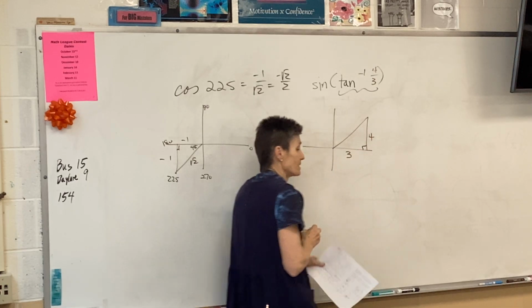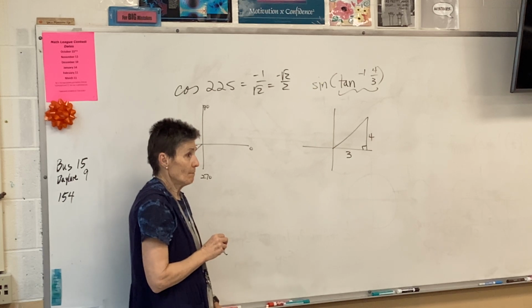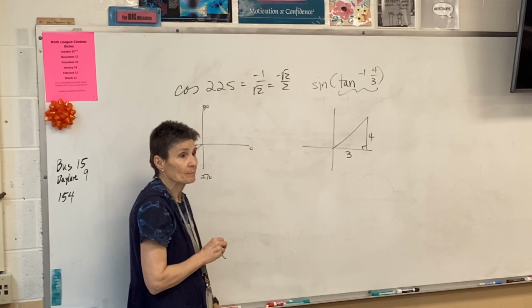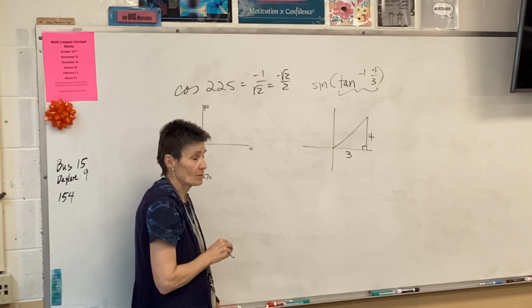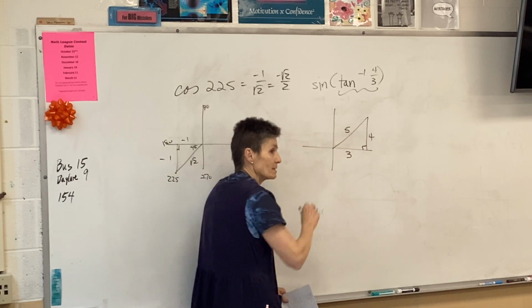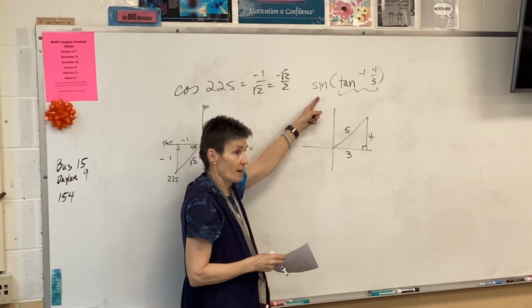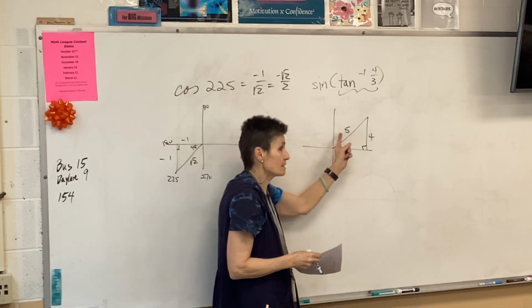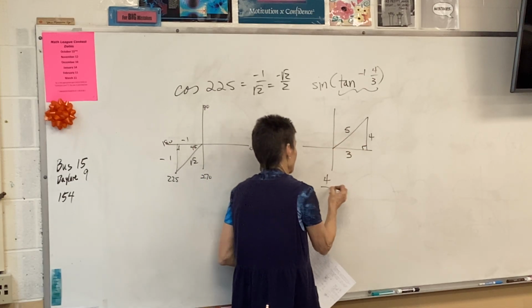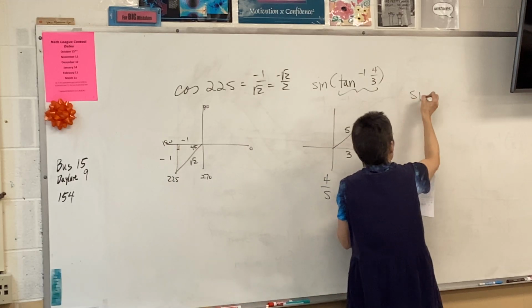Opposite over adjacent is 4 over 3. Then what? Pythagorean theorem. So that's an easy one. That'll be 5. Everything's positive. Now what do I want to know? I want to know the sign. So the answer is 4/5. Elementary, Watson.